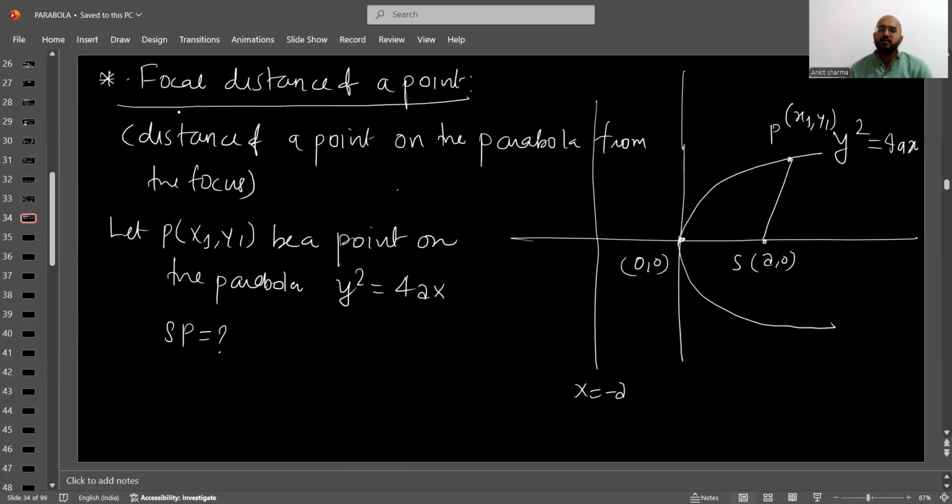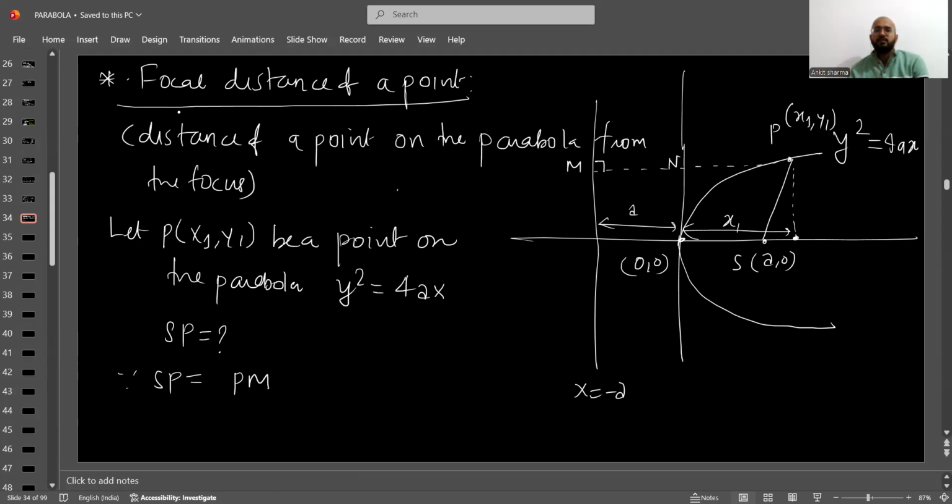Of course, we can use the distance formula, but then there is no point in studying the parabola, because if we have to study distance formula only, then there is no point. We'll see some beautiful things here. So imagine that SP is equal to PM, of course. Now this length is what? From here to here, I know this is x1, and this is nothing but a. So by the definition, SP is equal to PM.